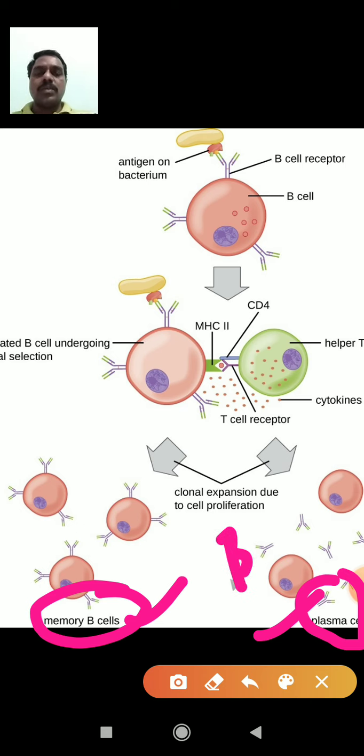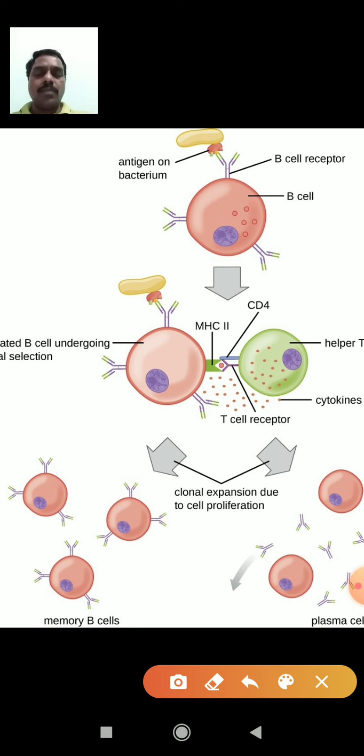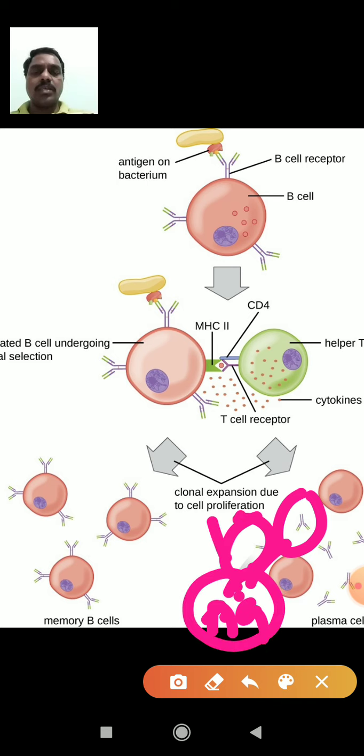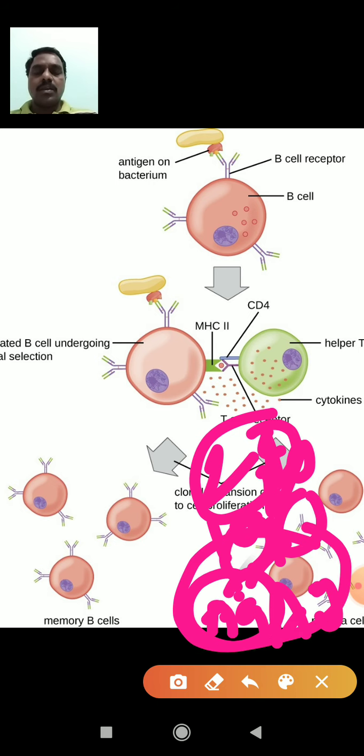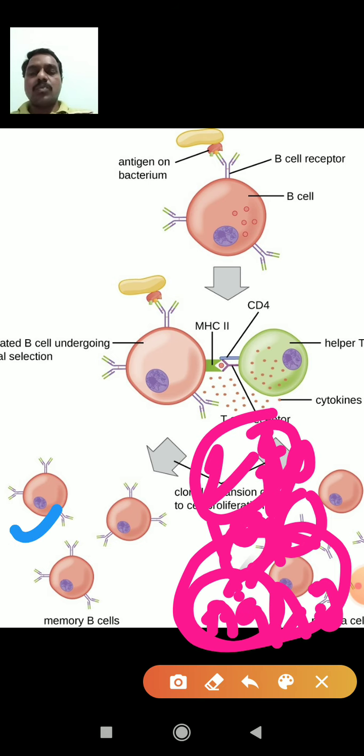Because plasma cells fight antigens by releasing antibodies. Within a short time the plasma cells release a large number of antibodies, and these antibodies bind with the antigens and destroy all the antigens within minutes or hours, within 24 hours. Along with the plasma cells, the memory cells also proliferate.